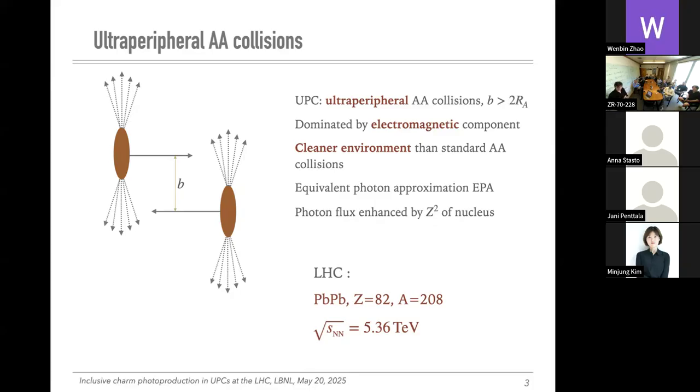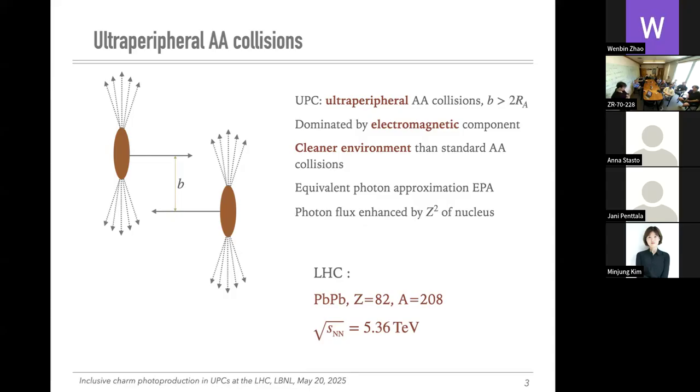This is a much cleaner environment than standard AA collisions. The photon flux is calculated using the standard equivalent photon approximation, and it is enhanced by Z squared of the nucleus.